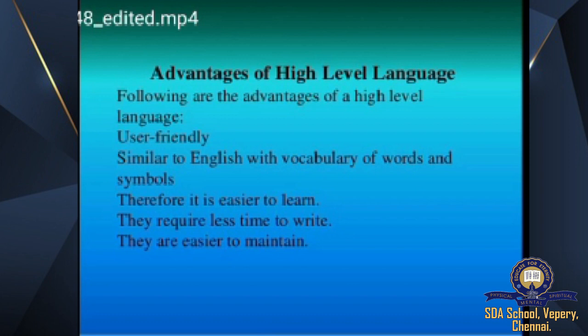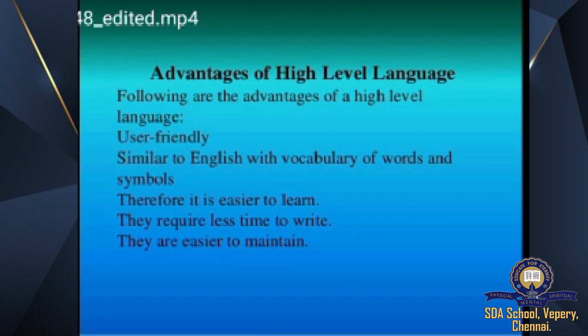Like that, many are there that we can learn in higher level languages. Formula Translation, Fortran, was the first high level language developed by IBM in 1956.